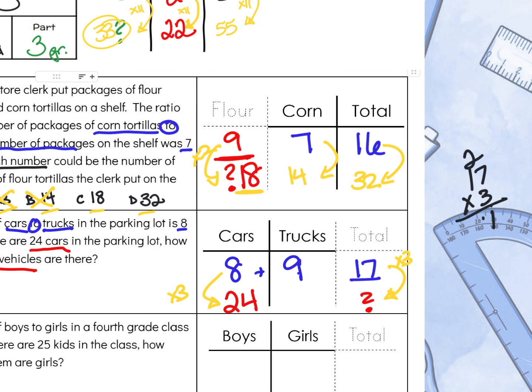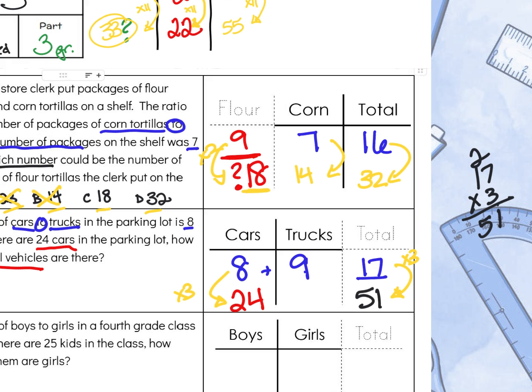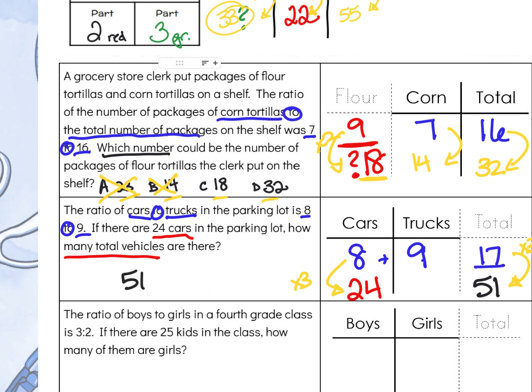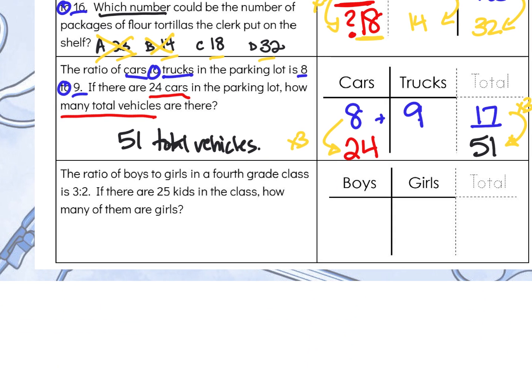And 3 plus 2, so 51. So 51 total vehicles. So 51 total. Okay. All right, so try the last one, and we'll go over the answer in just a moment.